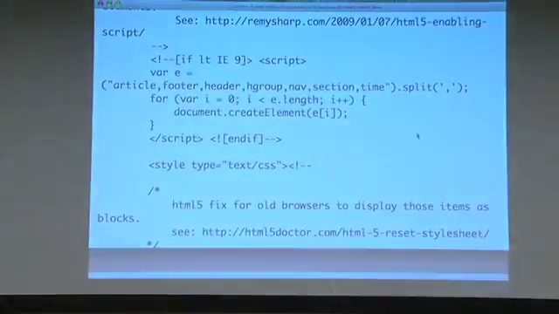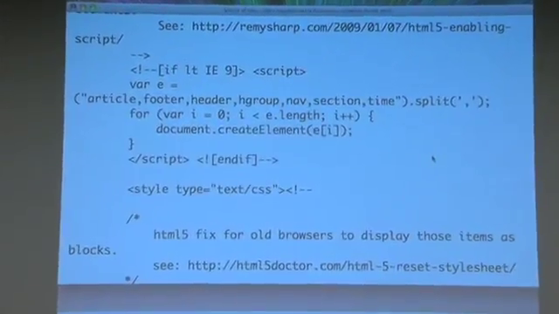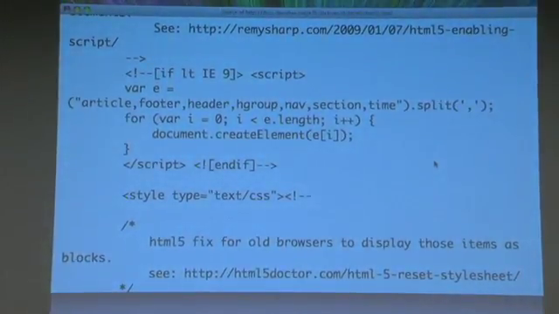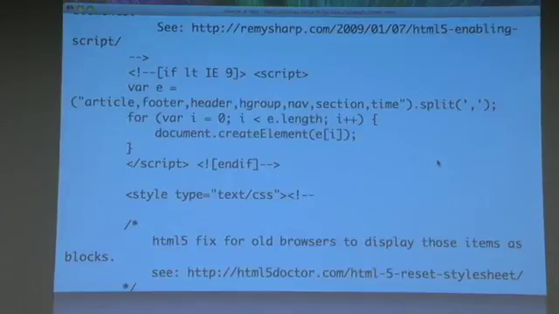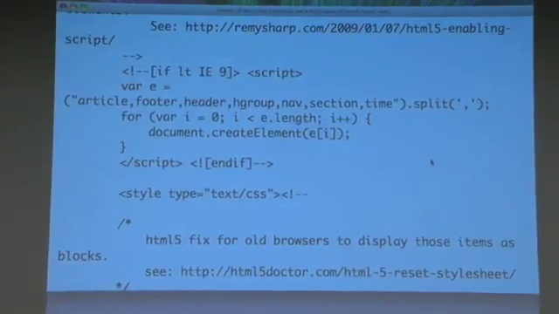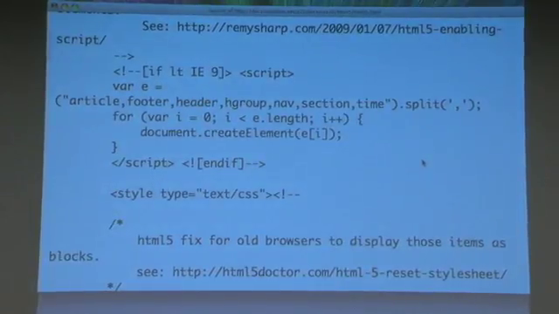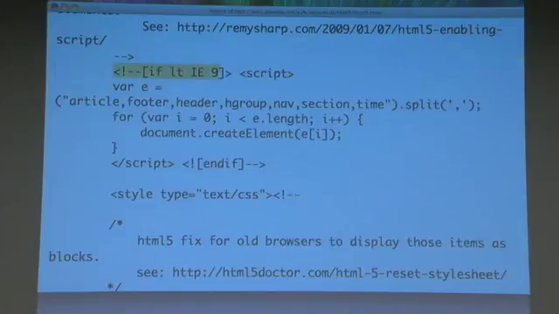So the fix to all of this is to run some JavaScript code that loads all of these elements into memory. You're just creating an element with these names, and having Internet Explorer load it into memory. We're just going to gloss over what this JavaScript actually does. But you'll notice right here there's an HTML comment that says if lt IE9, which means if lower than IE9, which is all current versions of Internet Explorer, then it will run this script.